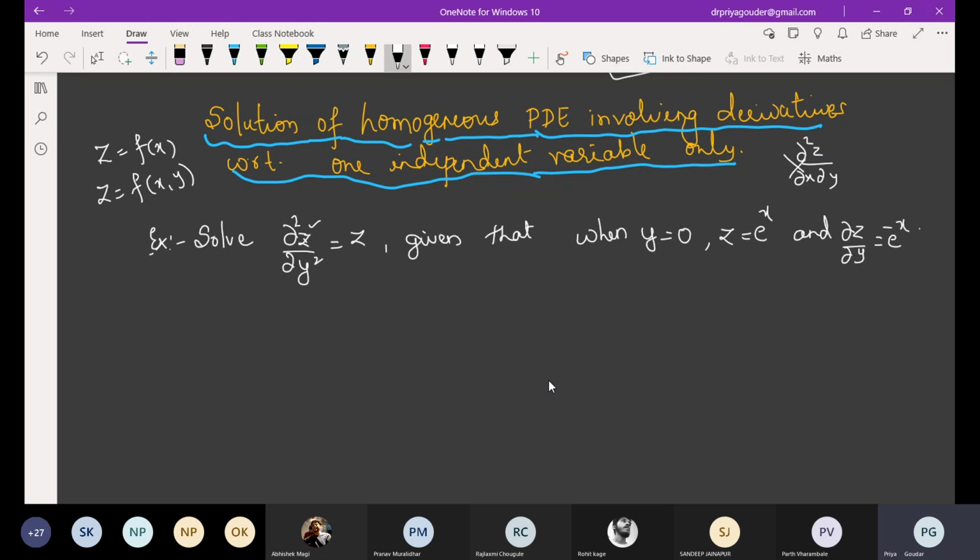Please answer: in the general solution, what do you get extra other than variables? Functions? You will get the arbitrary constants, right?